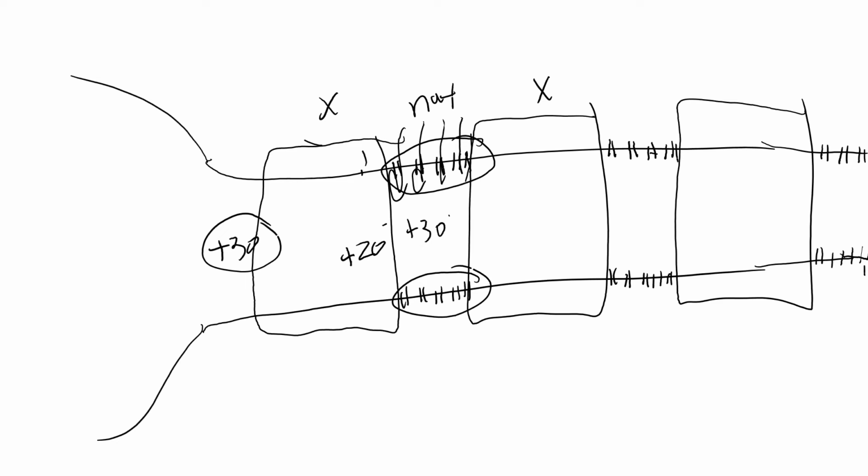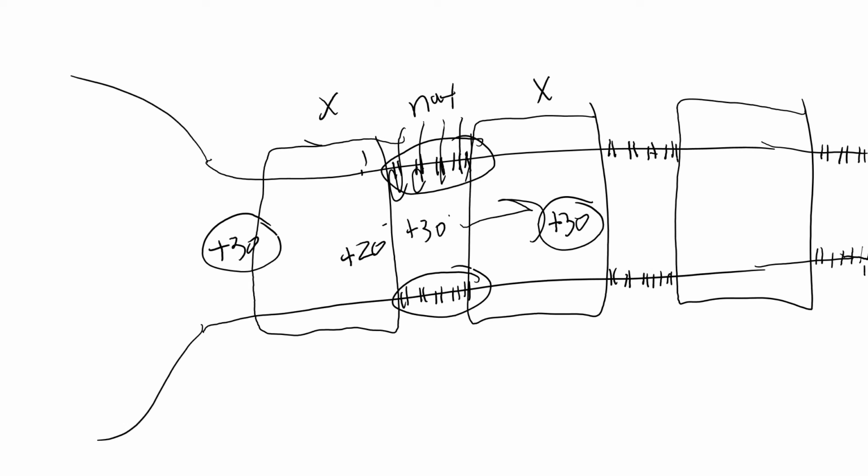Perfect. And now what's going to happen is this big depolarization, this action potential, is going to continue traveling down the axon where it's still negative 70 millivolts, and it's going to travel through a portion of the axon that's wrapped in a section of myelin sheath. And that section is going to become positive 30 millivolts as the action potential moves into this section and depolarizes it.